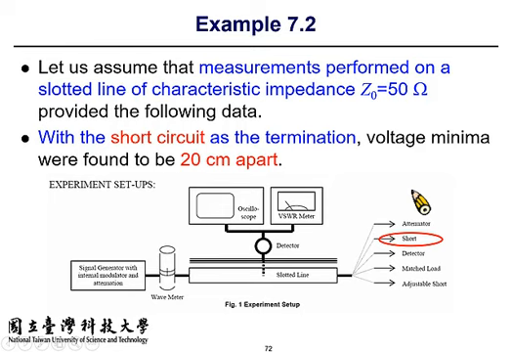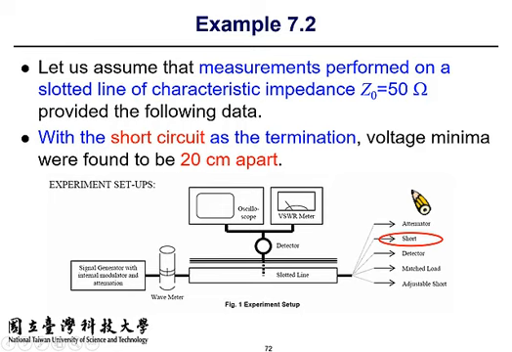Okay, so let's look at an example. In example 7.2, using the equipment that we have just described, we have a waveguide, a movable probe, an oscilloscope, and you can change the termination at the end. So here is the procedure.